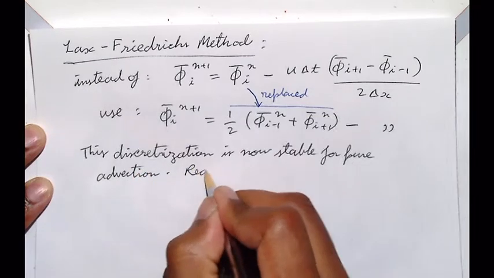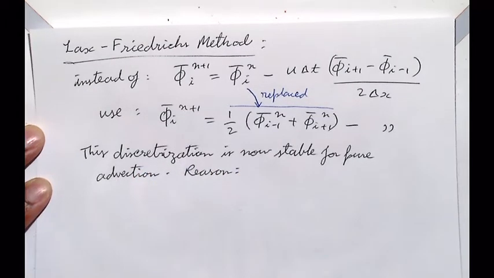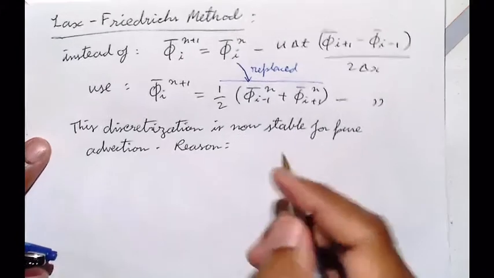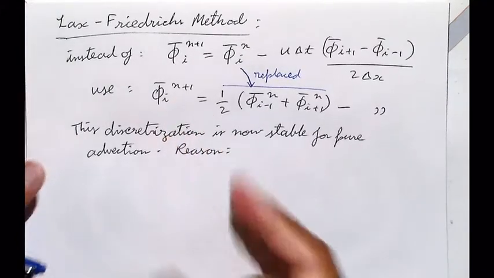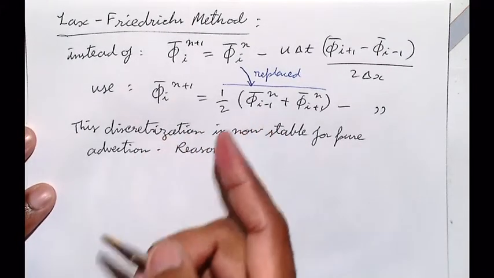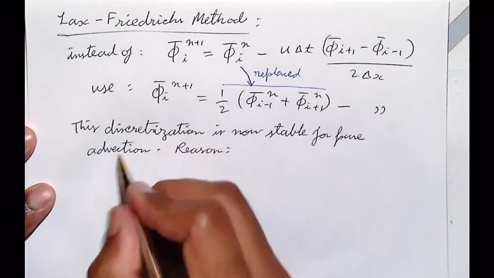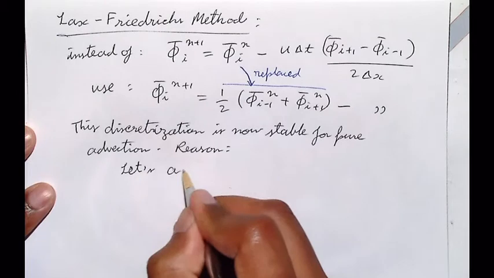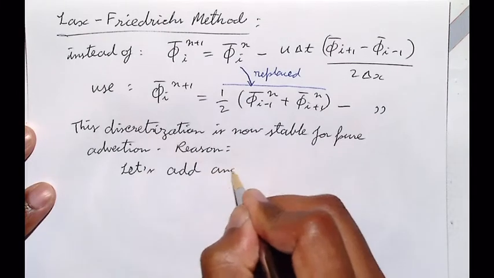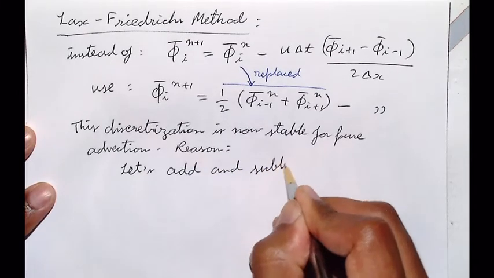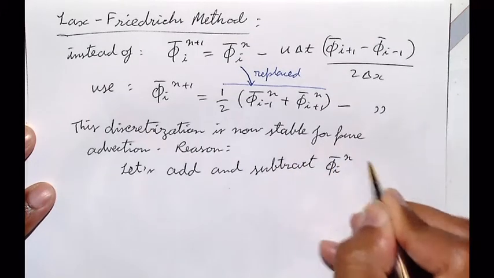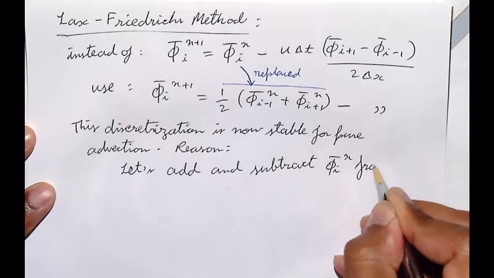The reason for that is, to make the reason become clear, let's add and subtract phi bar I from the right hand side.